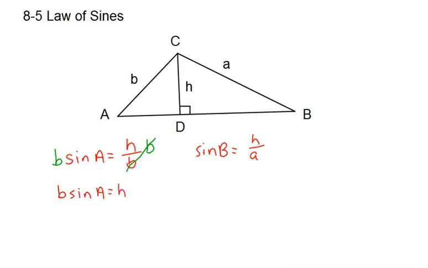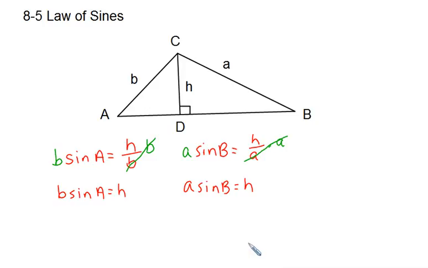Over here, I'm going to multiply both sides by a, and the a's divide out here, and I have it solved for h. So a sine of B equals h.